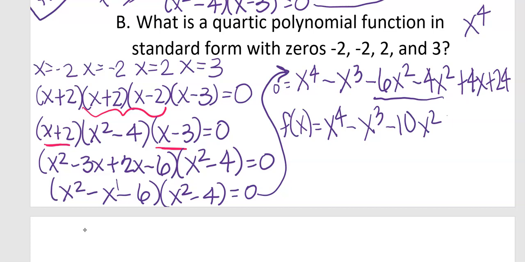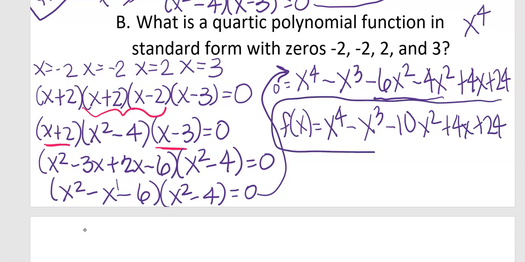There's no other x's, and there's no other numbers. So, looks a lot longer than it really is. It's all about multiplying on this one. If you can get those factors going at the beginning and you can keep track of where you've multiplied, this one isn't extremely bad. Anybody have questions about what we did on anything there?